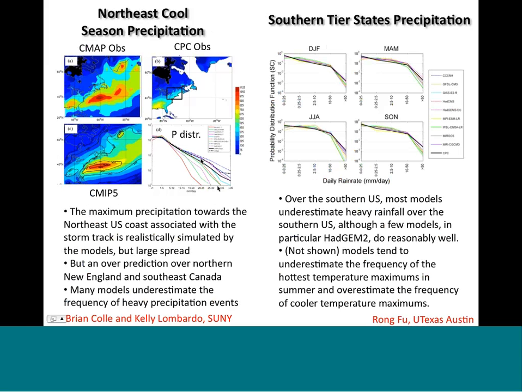And the take-home message is that most of the models underestimate the heavier precipitation events. You can see that for the cool season in the northeast over here, and also for the southern tier states in all seasons, but especially in the summertime. And I haven't shown it here, but this is another feature that you see for temperature as well, for the hottest temperature maximums as well. There's an underestimation of those extremes.